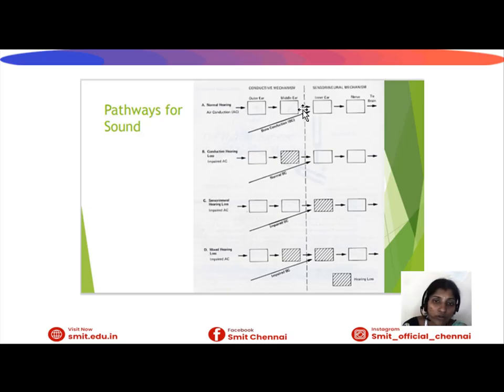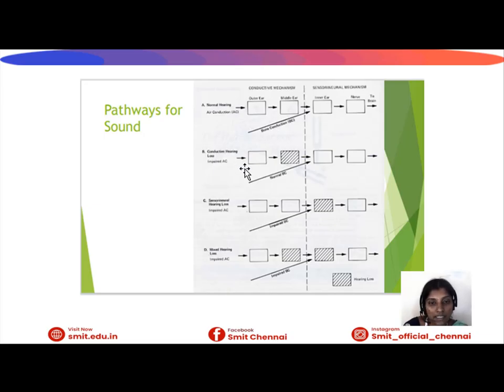If we have in both the parts, we will have mixed hearing loss. This is normal hearing process. There is no loss of hearing in this. This is air conduction. Here is the bone conduction. After the middle ear, that is known as bone conduction.